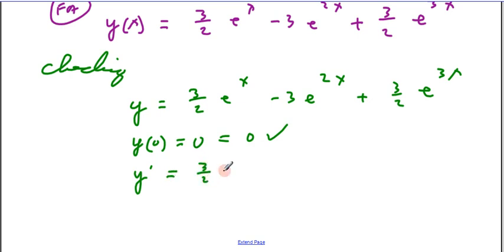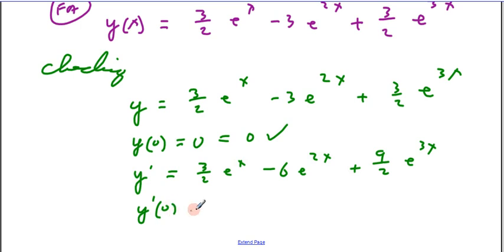All right, y prime is 3 over 2 e to the x minus 6 e to the 2x plus 9 over 2 e to the 3x. Y prime at 0 is supposed to be 0. What is it? It's 9 halves, it's 12 halves, which is 6. Minus 6 is 0.